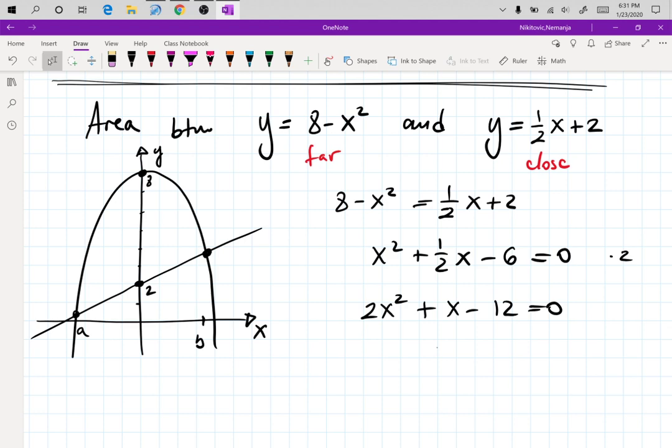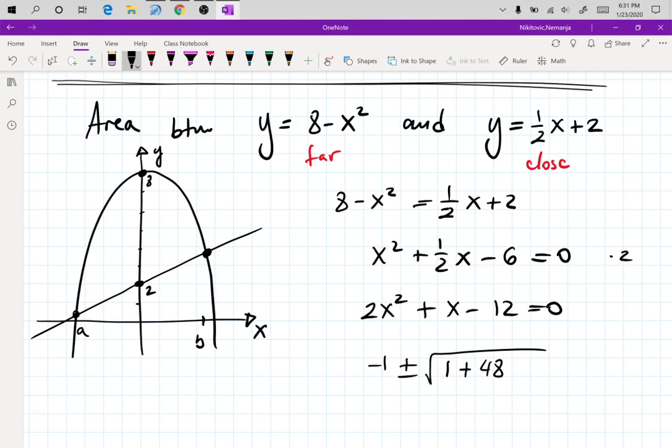Now, you can use the quadratic formula. You can use factoring, guess and check method, essential oils, I don't know. Whatever works, just get the right solution, right? We have negative b plus minus the square root of b squared minus 4ac.